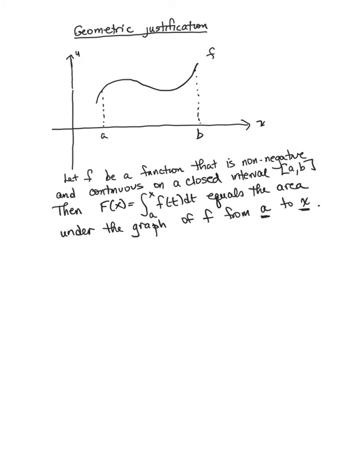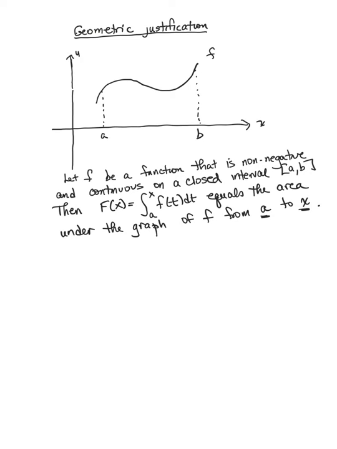So let's go over a geometric justification of the Fundamental Theorem of Calculus, Part 2. That is to say that the derivative of capital F of x will give back little f of x. And it goes like this. We start with little f to be a function that is non-negative and continuous on a closed interval ab.